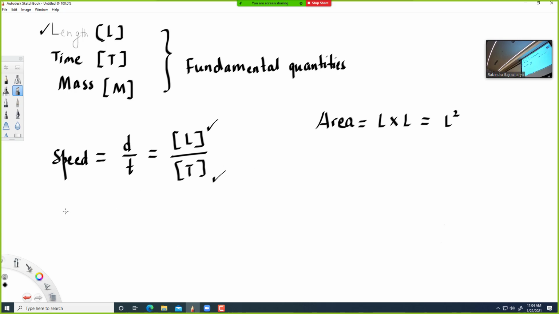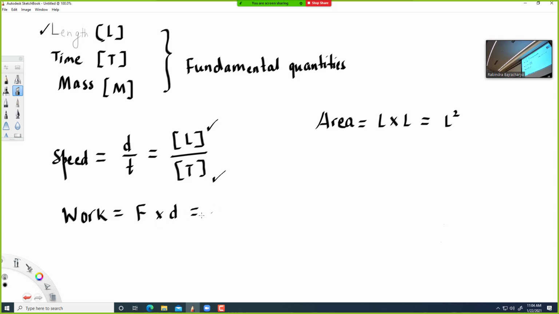So likewise, we can have work. Okay, so we'll talk about this more in the next chapters. So work is the product of force and distance. Okay, you don't need to know the formula, but I'm just giving you the formula here.